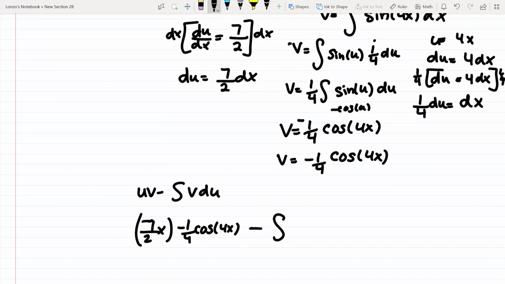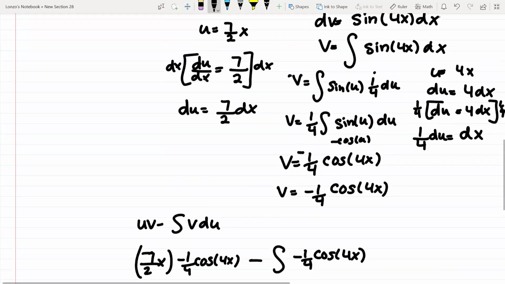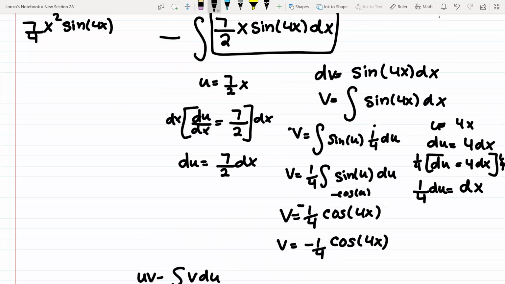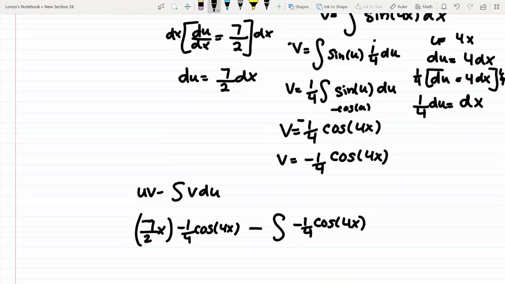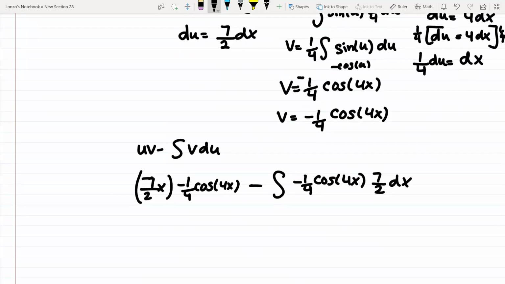So my v is negative 1/4 cosine of 4x, and my du, we said, was 7/2 dx. So it's a minus negative 1/4 times positive 7/2, which is negative 7/8, right?